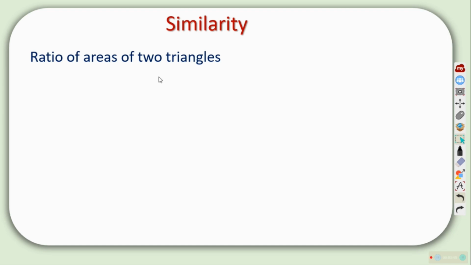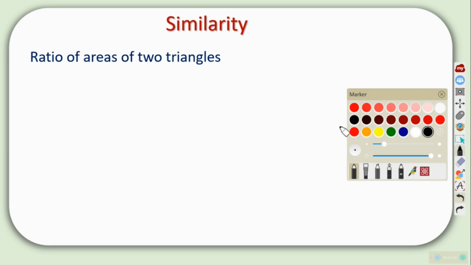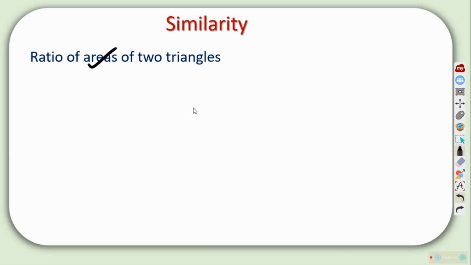Now, the first important thing to be understood is the ratio of areas of two triangles. Thinking about the ratio of area of two triangles, for that you need two triangles, right? We'll think about two triangles now.